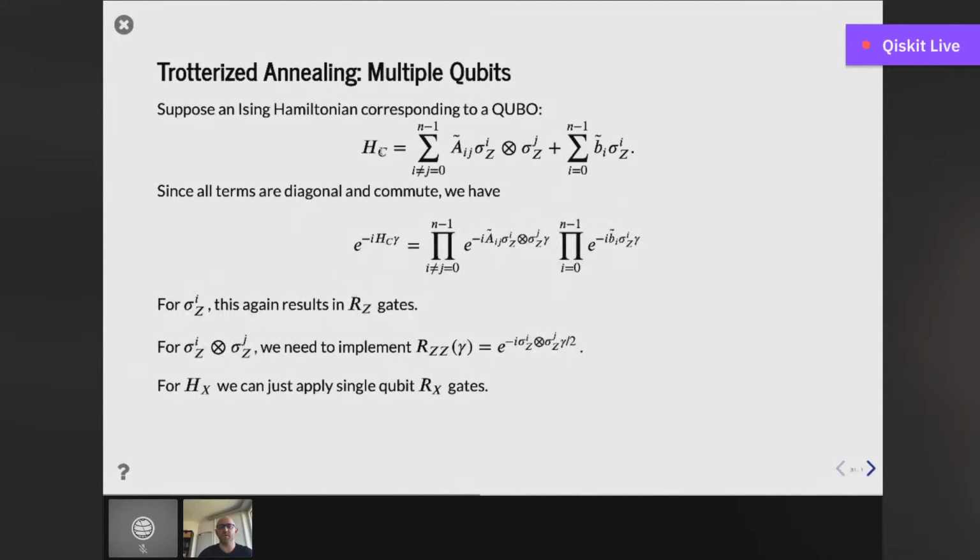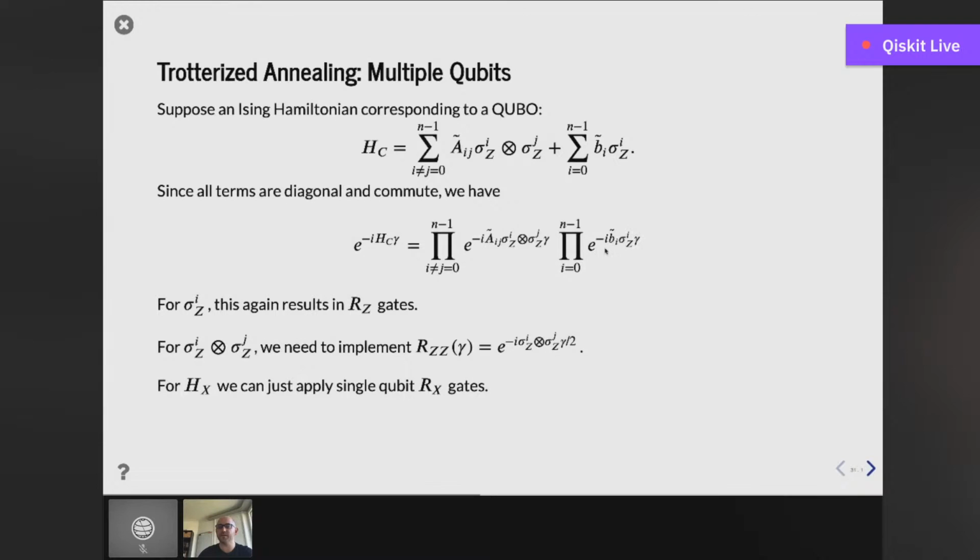So we have again our cost Hamiltonian, which has a sigma z i tensor sigma z j term, and the individual sigma z i terms. Now all of them are diagonal, so all of them commute, and therefore we can write this e to the minus i H_C gamma that we need in the trotterization as a product of the individual terms. So we have at the end the product over the single qubit terms.